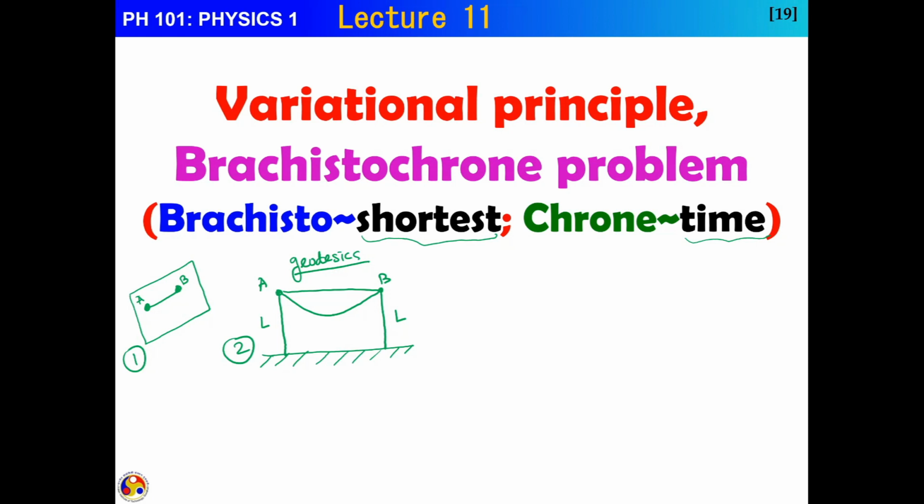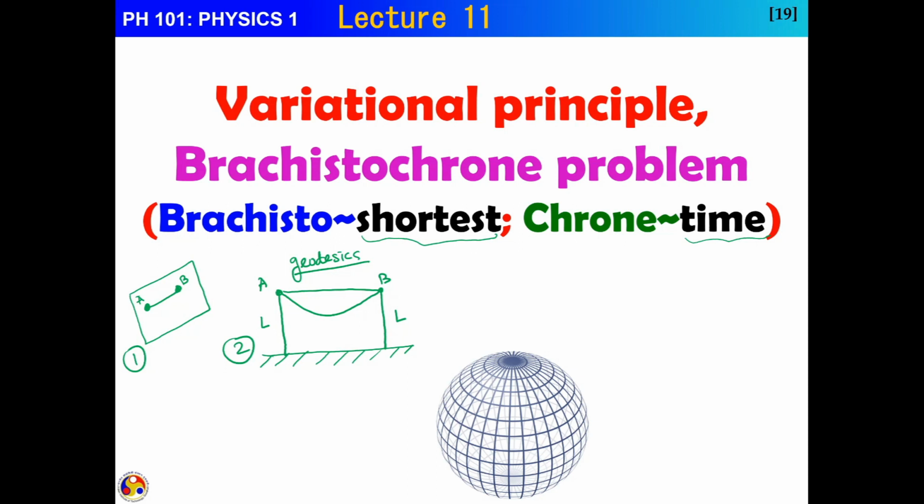Now, what will happen if I take another surface? Suppose I take a sphere. I want to find out the shortest path between the point A here and the point B here. Would it be a straight line, just connecting the points between these two?